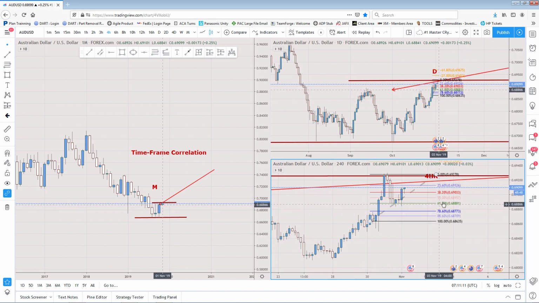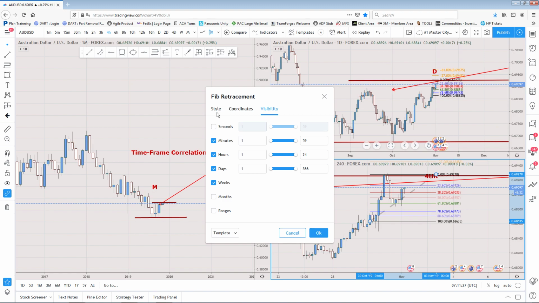Before I talk about this, see how on this chart here I drew fibs and it also shows up here. One thing I want you to know is you can do this on any drawing tool, whether it's a trend line or anything. You can just double click on it.